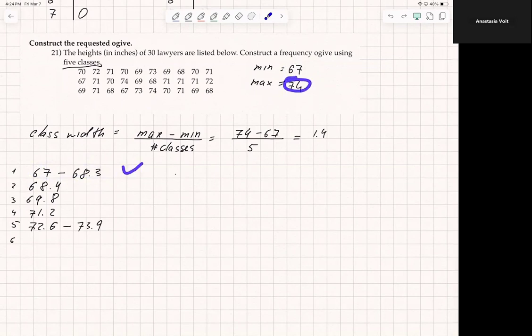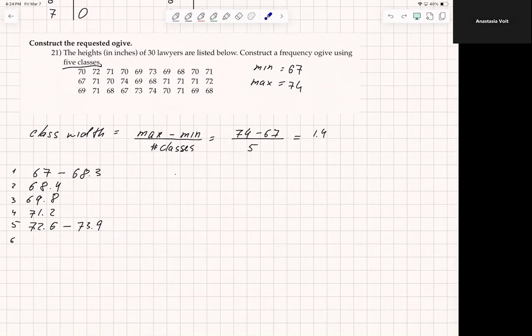Now 74, it is greater than 73.9, right? It will not go into the last class. So that means that the class width is a bit small, right? We need to adjust it a little bit because our last value doesn't go into any of the classes. It's too big for the fifth class, right?